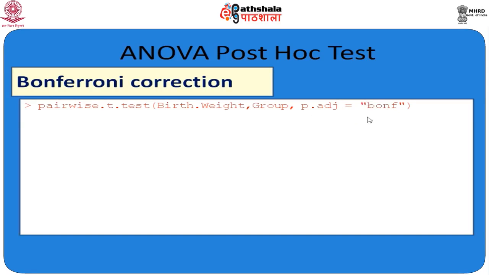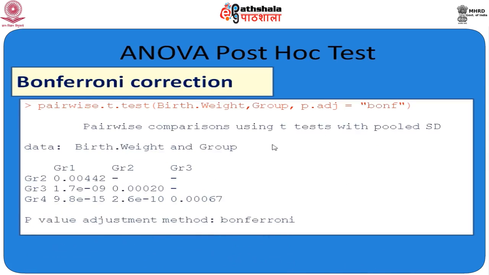For other alternatives, you can look at the help with question mark pairwise.t.test. That will give you much more details about what adjustment options are available, and it will generate this particular table. This matrix, the lower triangular matrix given, holds the adjusted p-values.